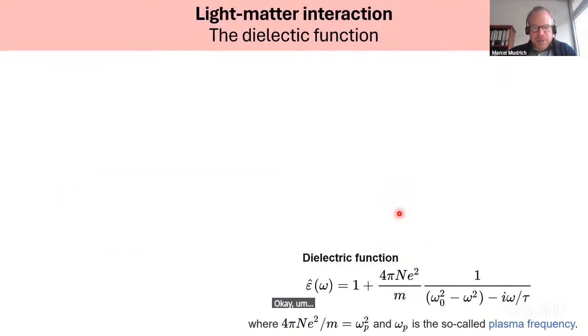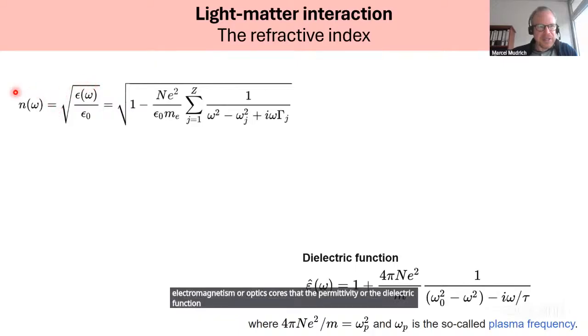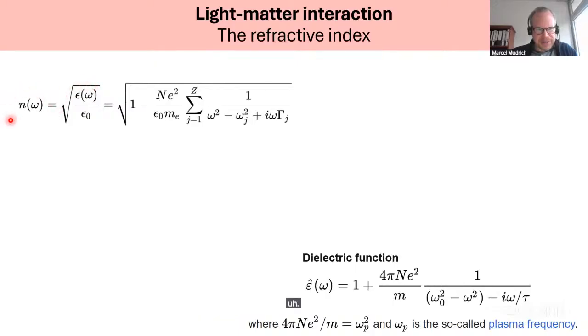So how is this all related to our X-ray optics? Well, we just derived the dielectric function, and we should remember from maybe your electromagnetism or optics course that the permittivity is related to the refractive index by dividing by epsilon naught, the vacuum permittivity, and taking the square root.